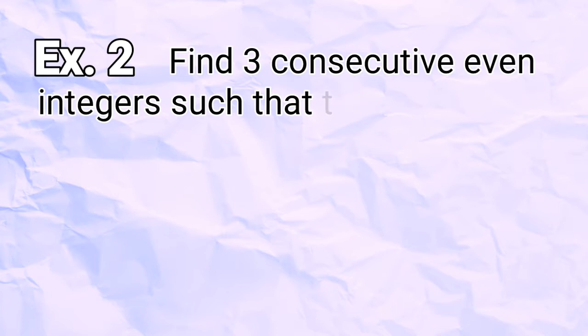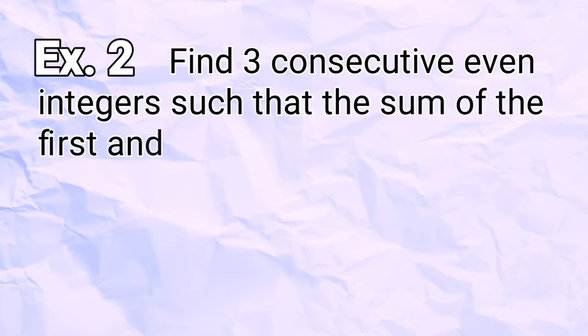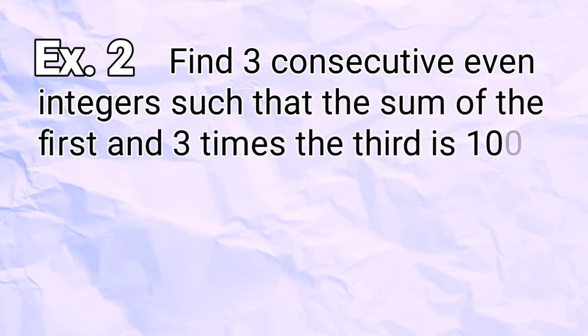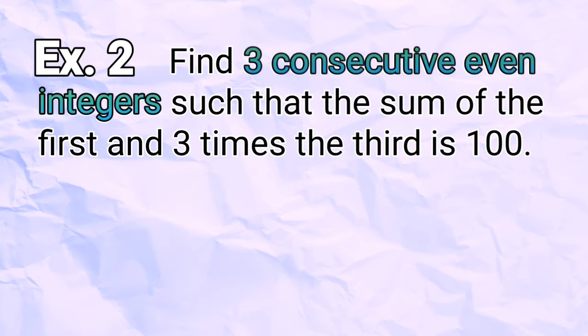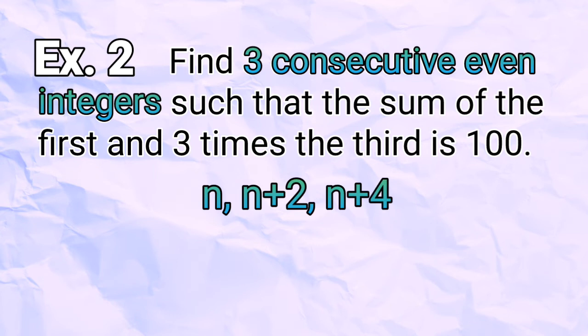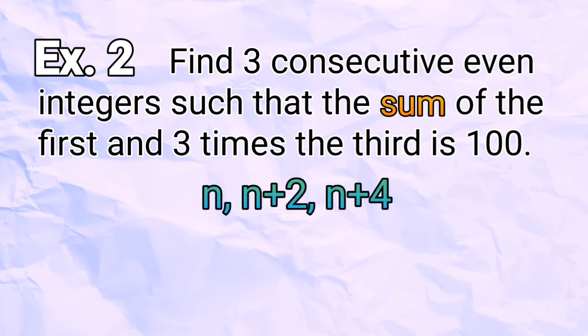For example 2, we want to find 3 consecutive even integers such that the sum of the first and 3 times the third is 100. When we see the phrase 3 consecutive even integers, we know that we'll be using n, n plus 2, and n plus 4. When we see the word sum, that tells me we'll be adding.